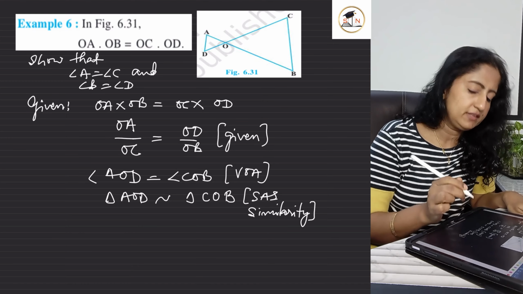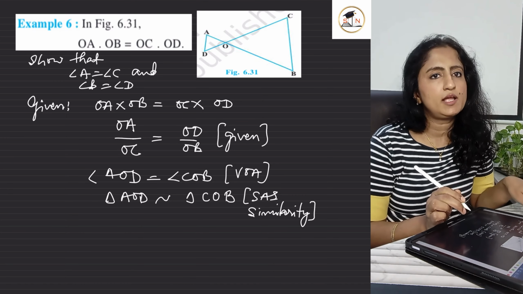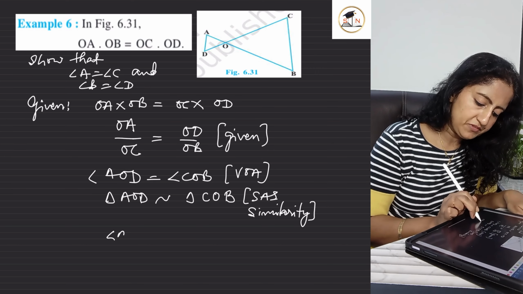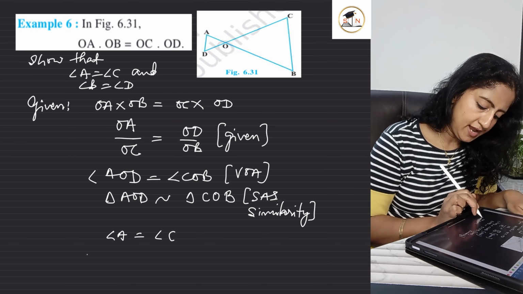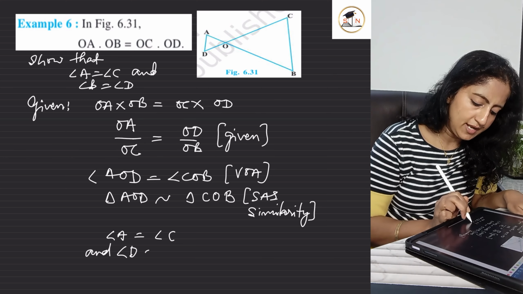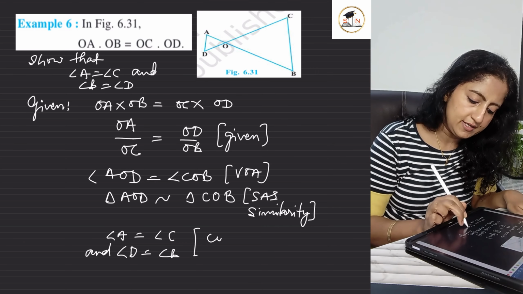Right? Now, when the triangles are similar, it means their corresponding angles are supposed to be equal. So what do we get? Angle A equals angle C and angle D equals angle B. And what is the reason here? Corresponding angles.